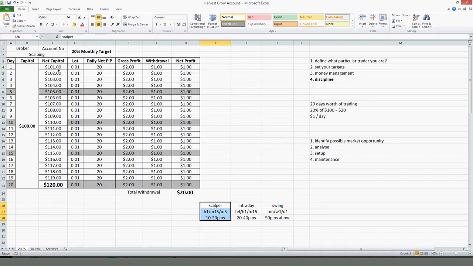Okay, so money management wise, if your lot size is just 1 cent, okay, 1 cent on a $100 account, then by right it should take nearly 1,000 pips for you to have a margin call.